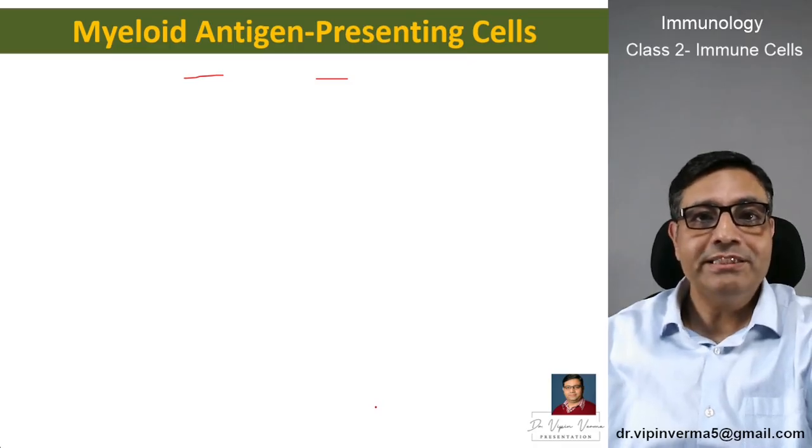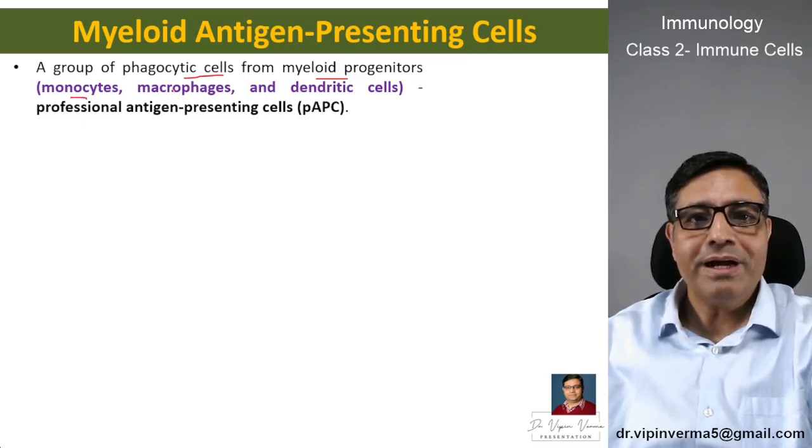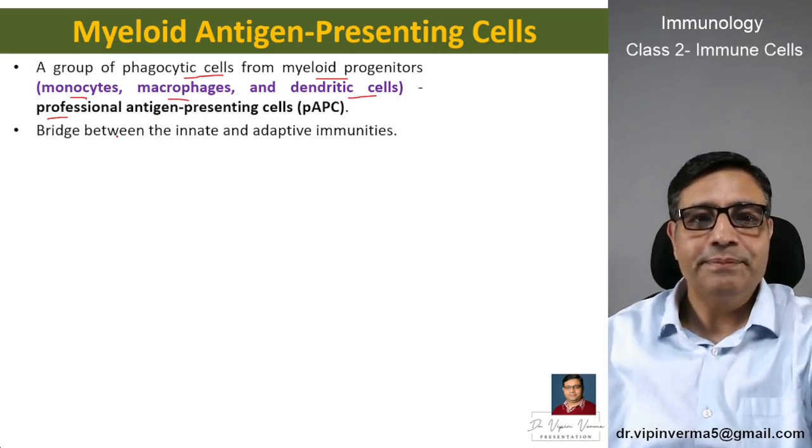Now, these myeloid antigen presenting cells are the antigen presenting cells of the myeloid progeny. So these are a group of phagocytic cells from the myeloid progenitors, and these are monocytes, macrophages, and dendritic cells. And these cells are called professional antigen presenting cells or PAPCs.